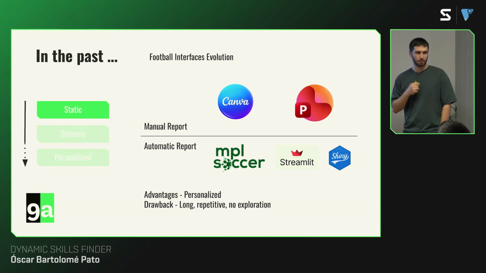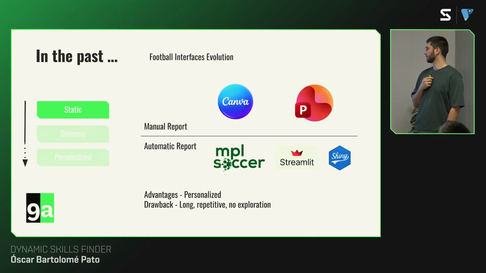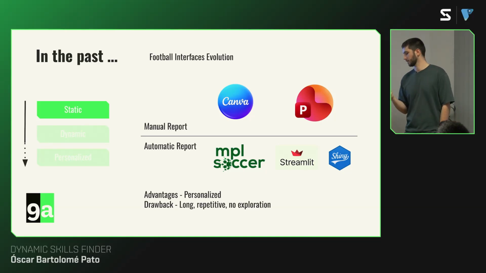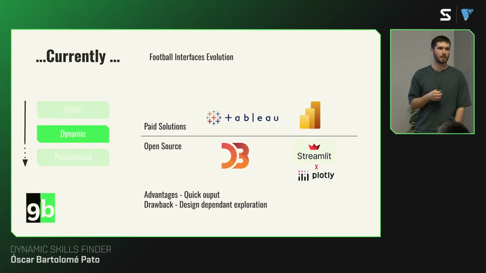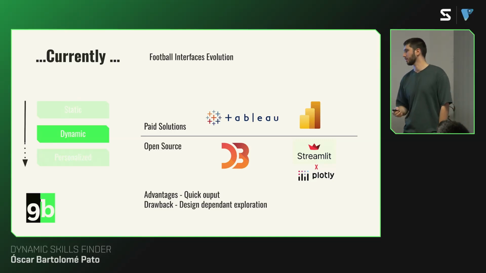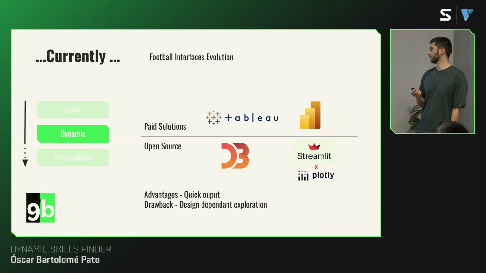Then automatic reports arrived thanks to Streamlit or Shiny, and some libraries help us apply it with soccer. You can personalize with these tools, but it can be long, repetitive, and you cannot really explore with interactivity. That's why today in clubs, some people are using Tableau, Power BI, Looker, Qlik, other paid tools, so paid solutions.